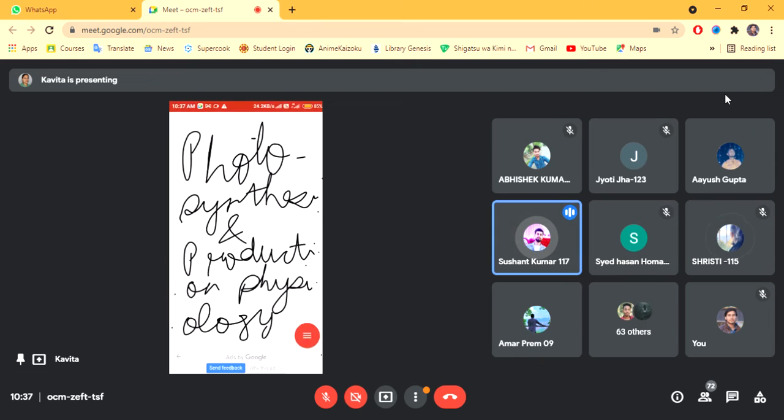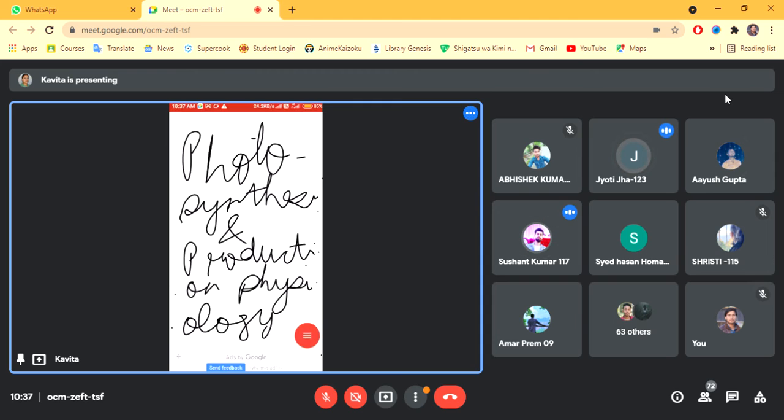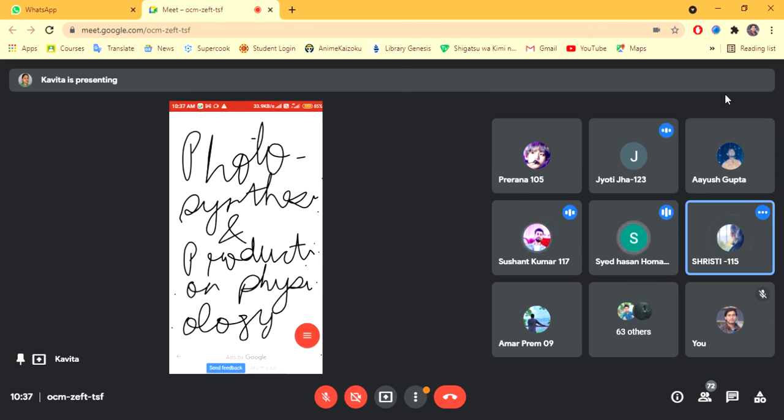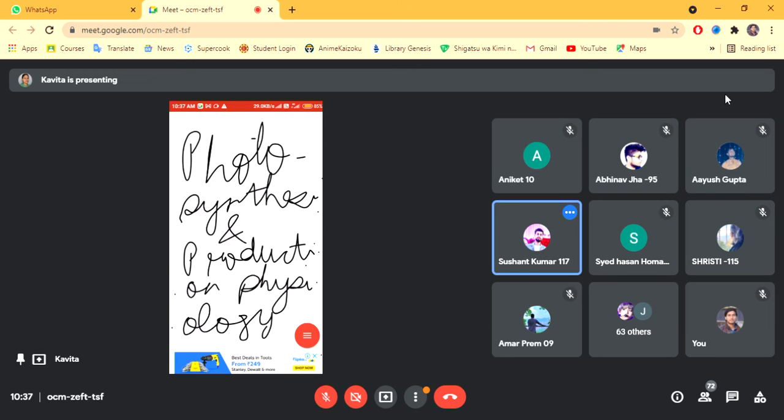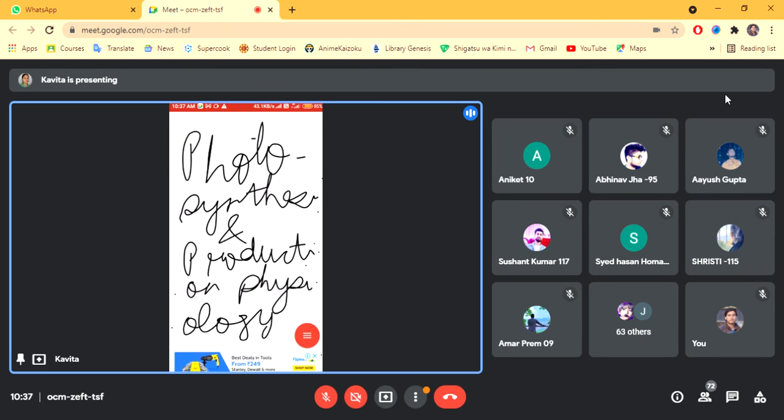C4 plant, because there is no photorespiration, and also less moisture is needed. And most important is that one of you told photorespiration. Okay, I'm switching it off because I am unable to listen to you all.